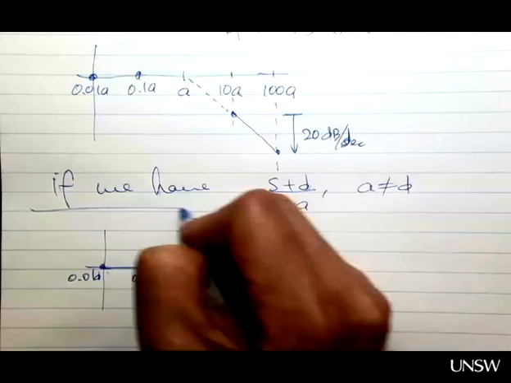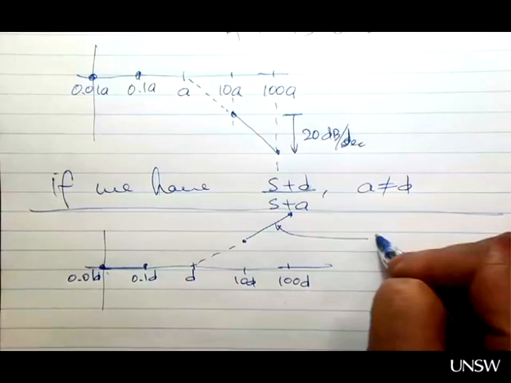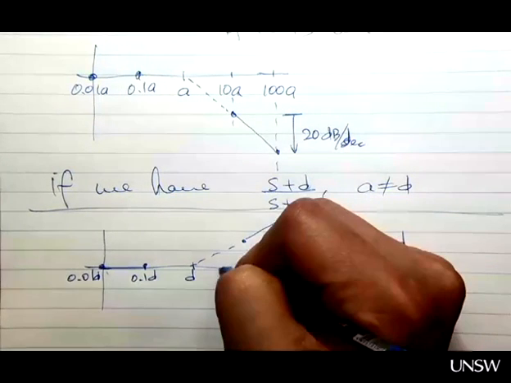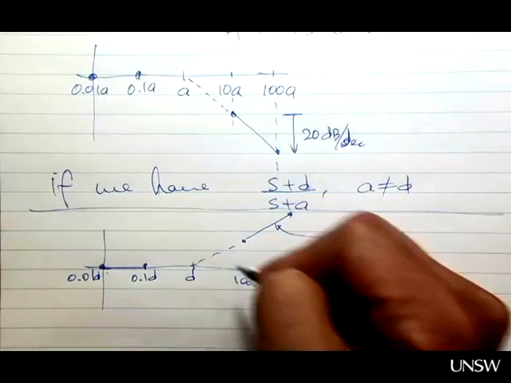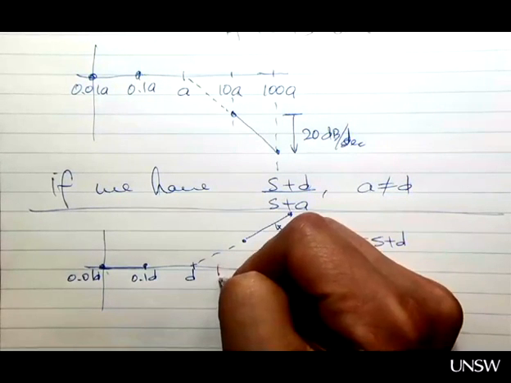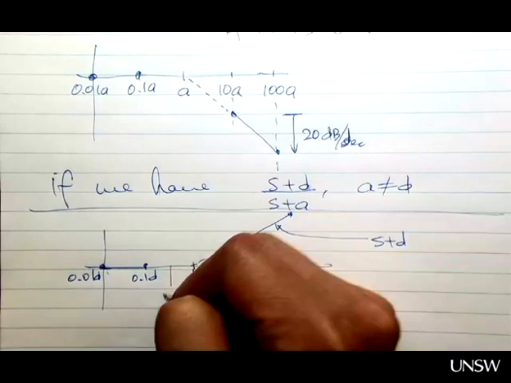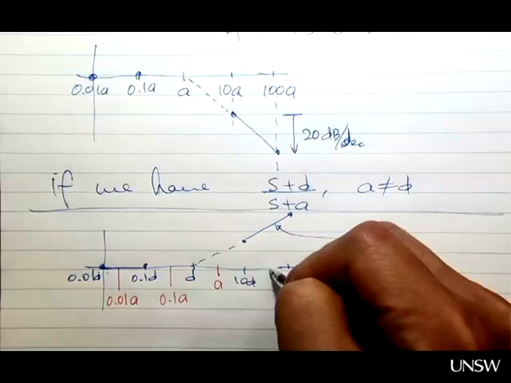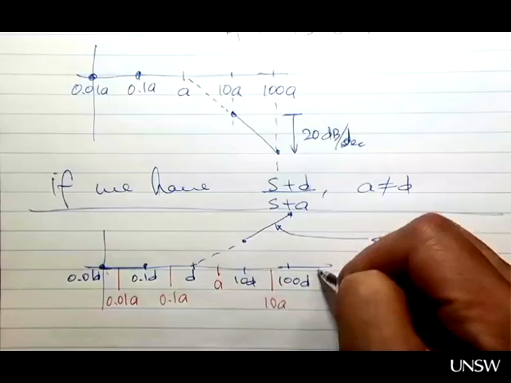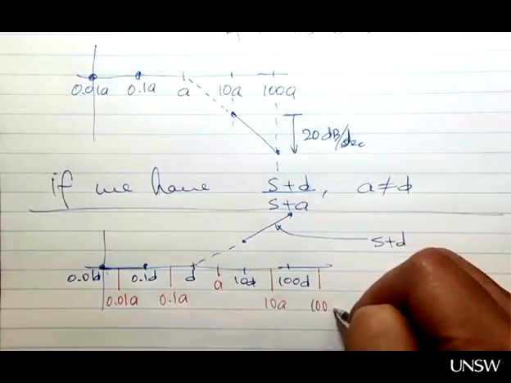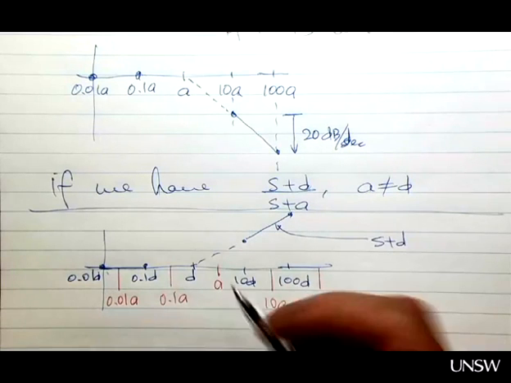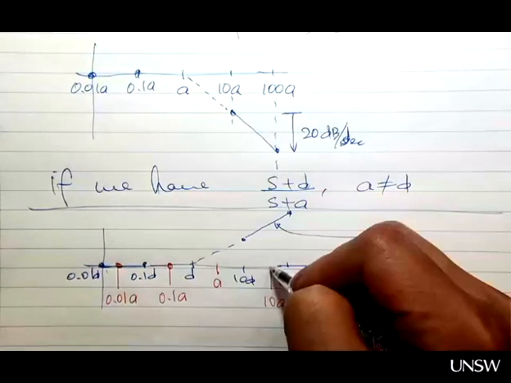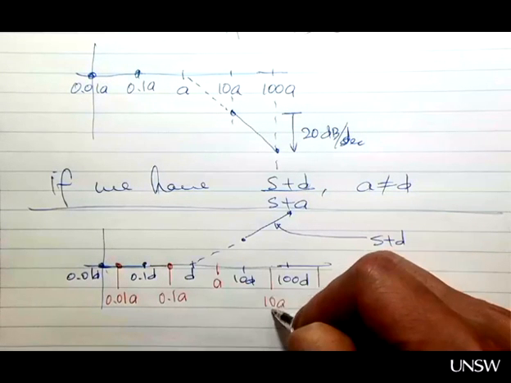This curve is for s plus d. And then we have another term, s plus a, if our a is here, and 0.1a, 0.01a, then 10a and 100a. There is no change at 0.1 and 0.01, and then at 10a we have this, and at 100a we have this.